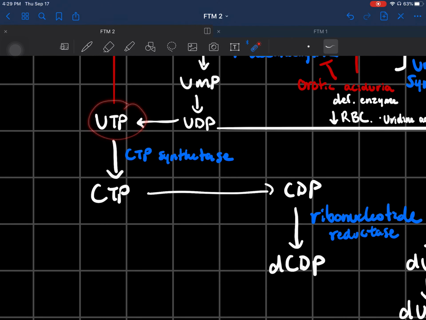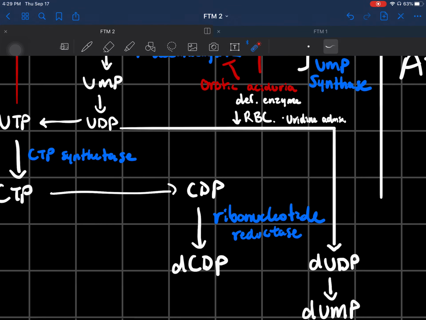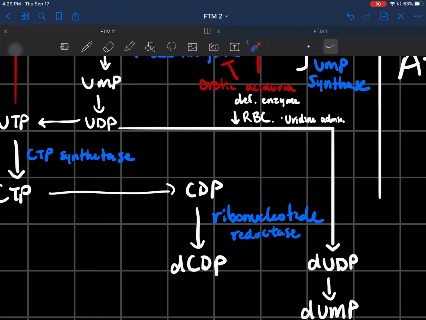Okay, so once you have your UTP, you use an enzyme called CTP synthetase, which is going to synthesize your cytosine triphosphate, and then you're going to dephosphorylate it.